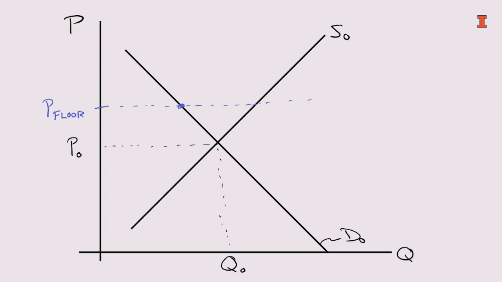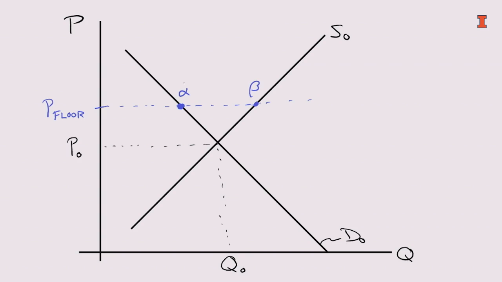At that floor price, consumers only want to buy alpha, and firms want to sell beta. How does that work? You say, well, Larry, there is a surplus here. Remember that? We looked at that back when we did the demand curve.